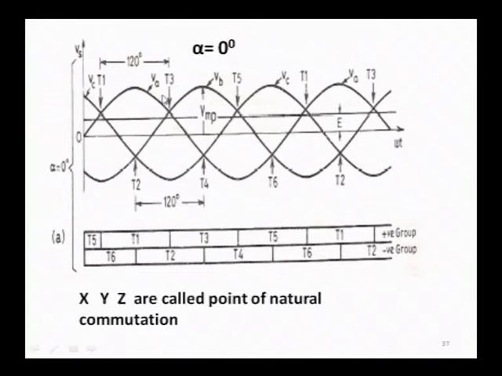These are upper half, these are lower half. Each one is fired in sequence at 120 degrees, and the firing points are shown at T1, T3, T4. So 120 degree phase displacement is there. So this is the firing sequence. The positive group is conducting T1, T3, T5. The negative group is conducting T2, T4 and T6.